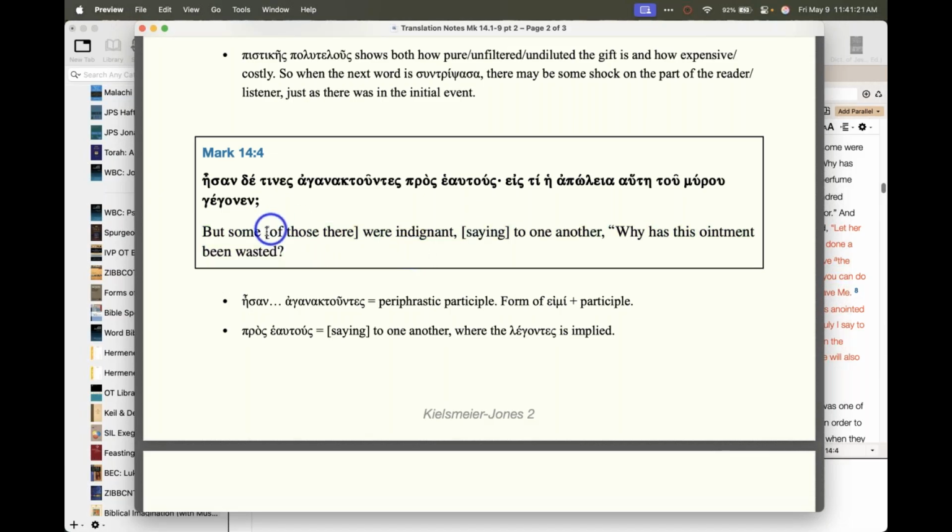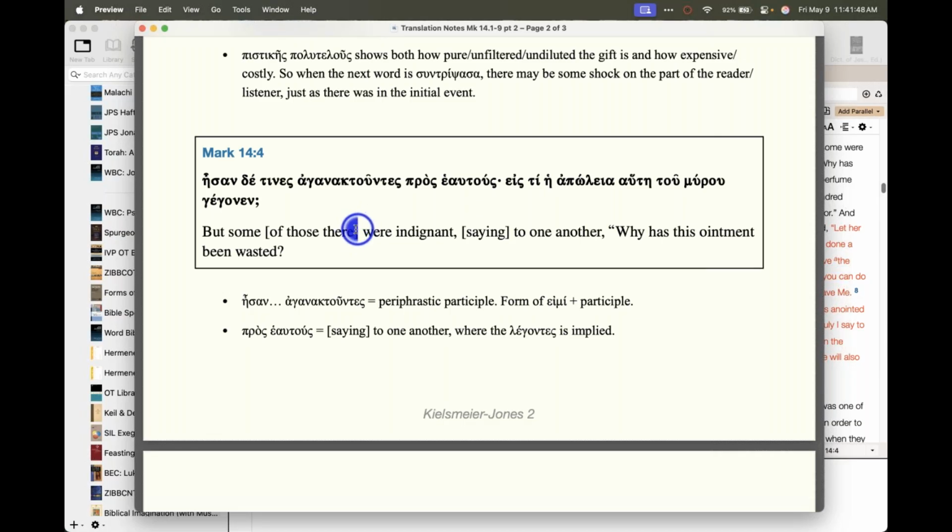Now, this "some of those there" is not at all grammatically necessary. In fact, what Mark is saying is just this: but some were indignant. Tines, some, and that's it. We never find out who the some are. And "of those there" is also redundant because, of course, we're only looking at this scene with the people that are in the scene.